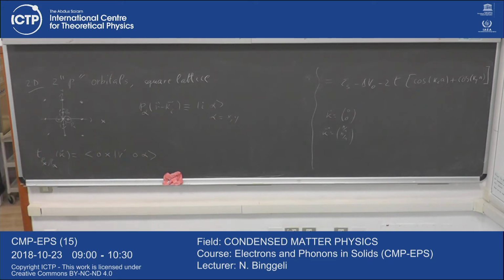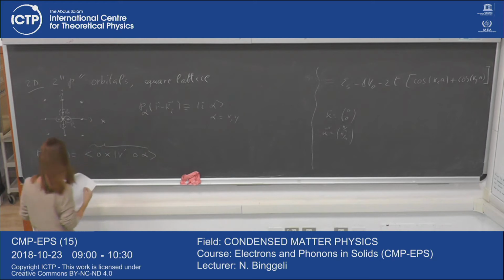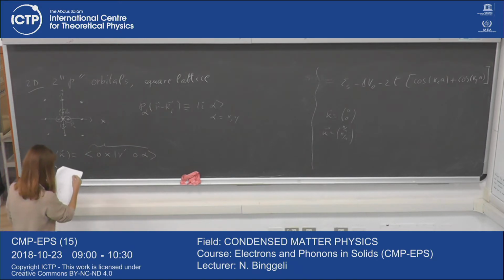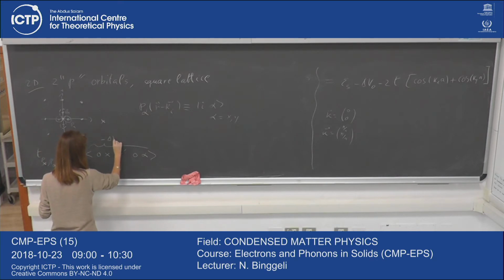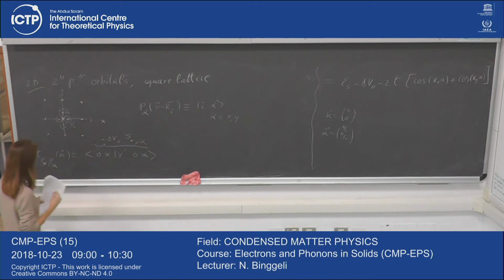So my hopping term between the orbital px and p alpha will have as first term the shift here that will be minus delta, V0 delta x alpha.